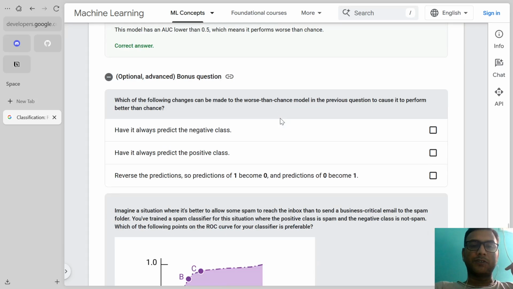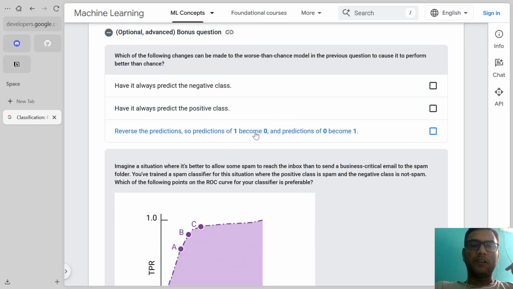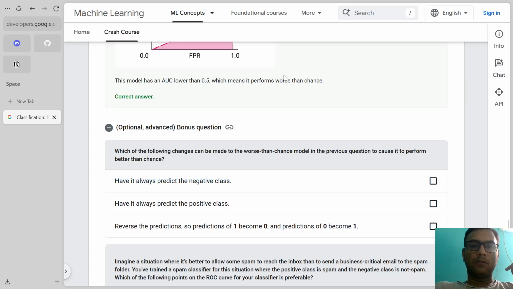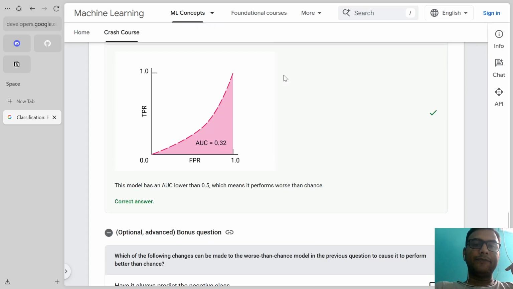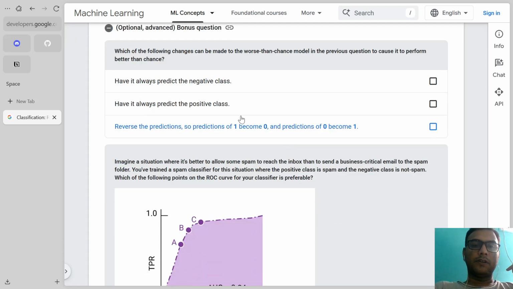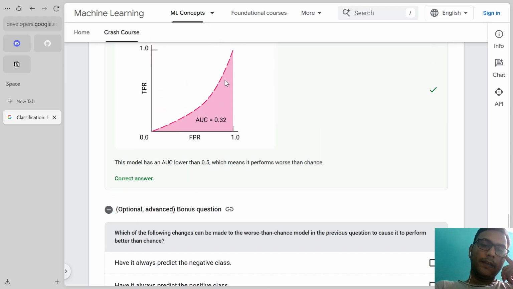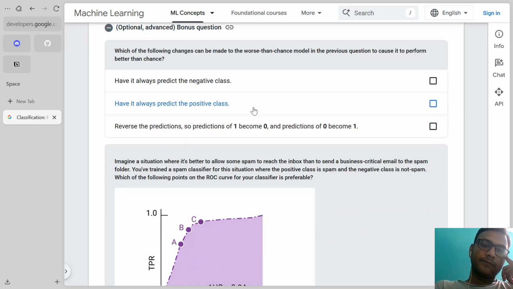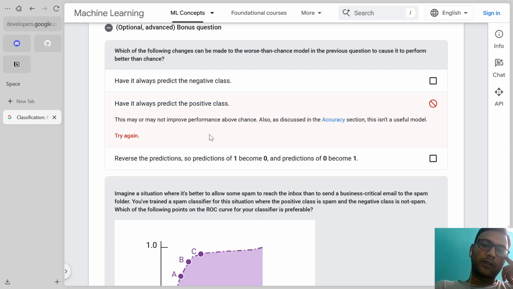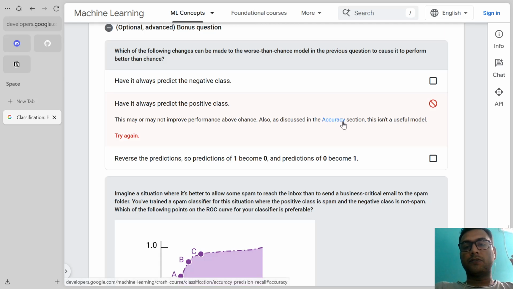If you always predict the positive class, the AUC will increase? That's not correct. This may or may not improve performance above chance, and as discussed in the question section, this is not a useful model.